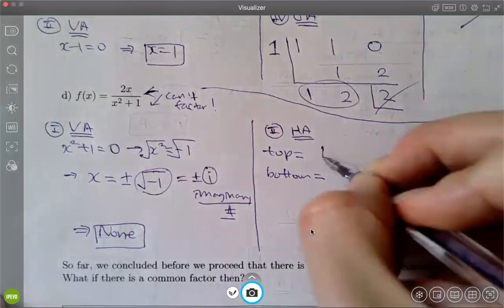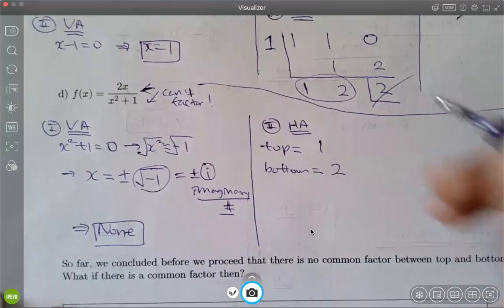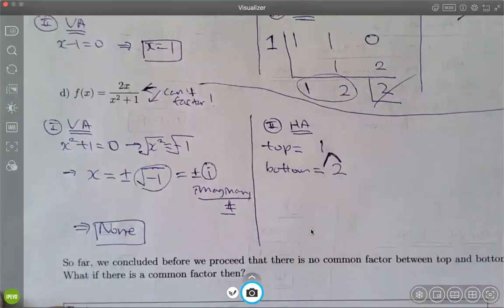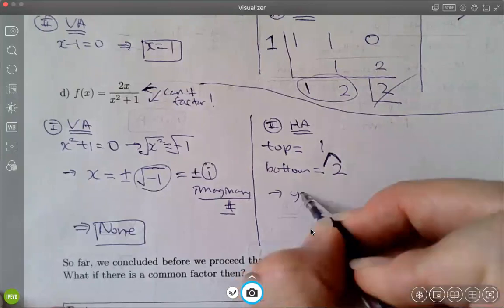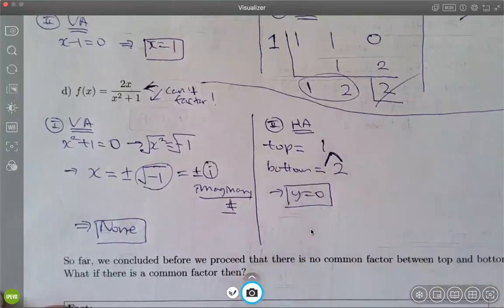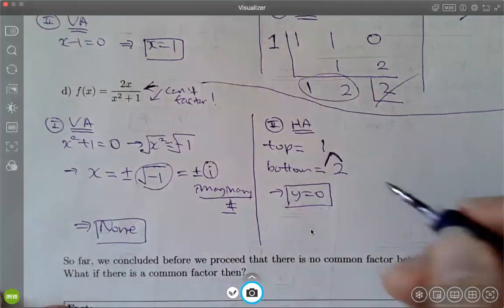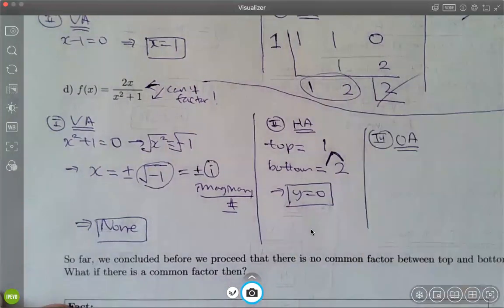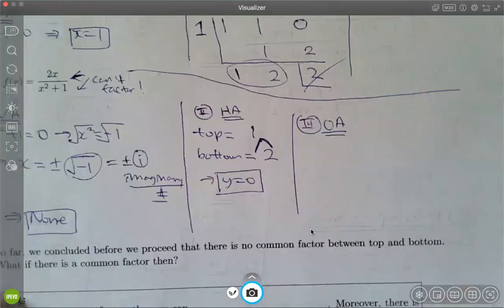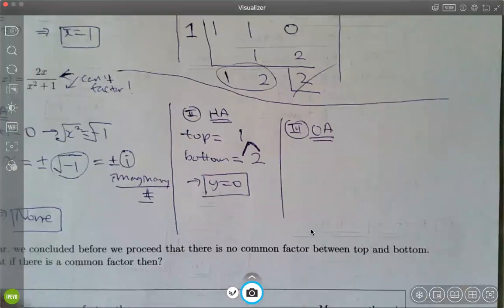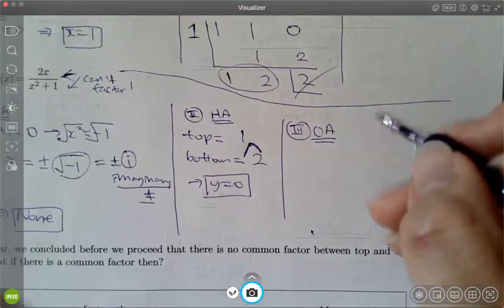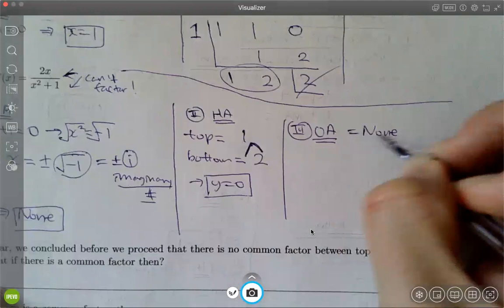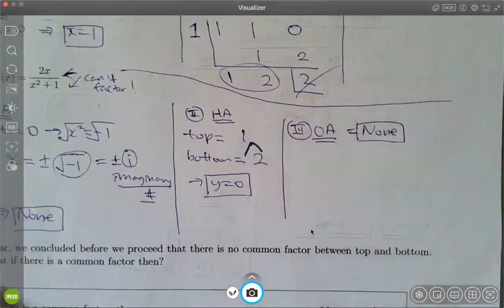So what is greater? The bottom is greater, right? So what does that mean? Due to case number 1, y is equal to 0 is the horizontal asymptote. And oblique. Does an oblique asymptote exist? No, right? So none.